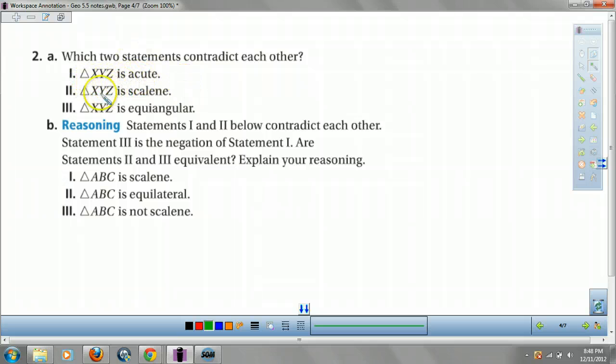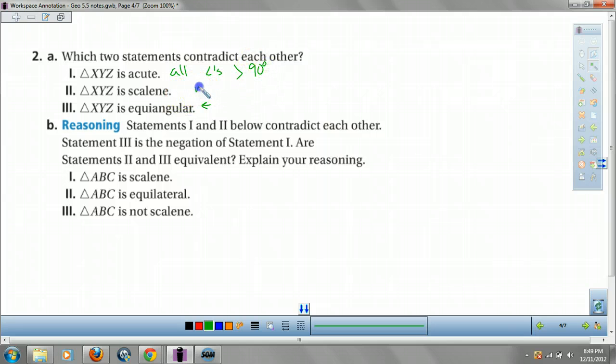Which two statements contradict each other? Triangle is acute. Triangle is scalene. Triangle is equiangular. Scalene means no equal sides or angles. Acute means all the angles are less than 90 degrees.